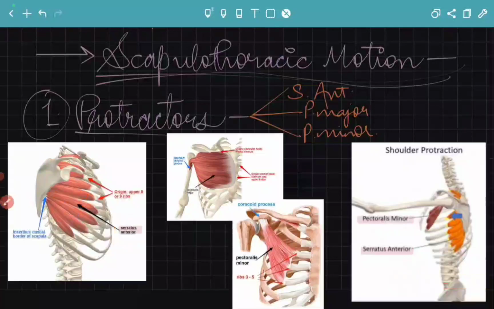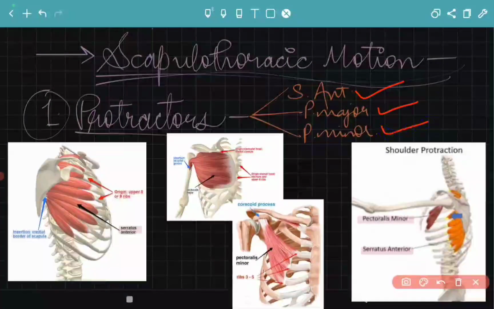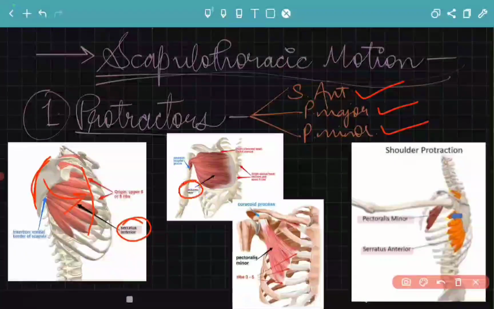The protractors of the scapula are serratus anterior, pectoralis major and pectoralis minor. The serratus anterior has its origin at the upper 8 to 9 ribs and insertion at the medial border of the scapula, which helps in protraction. The pectoralis major has a clavicular head at the medial clavicle, and a sternal head from the sternum and upper 6 ribs, with insertion at the bicipital groove.